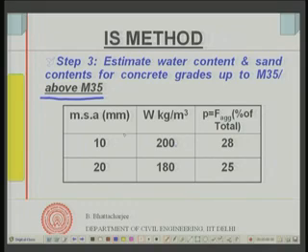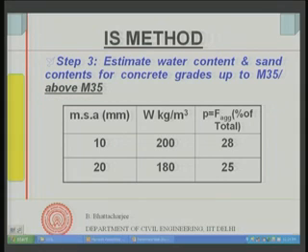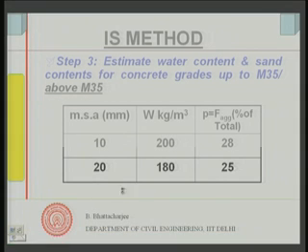So, two tables are given, table 4 and 5 in the code 10262, where for various MSA the water required and the fine aggregate as a percentage of total aggregate are given, and then the conditions for which they are given are like this.